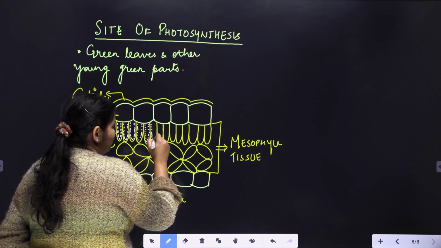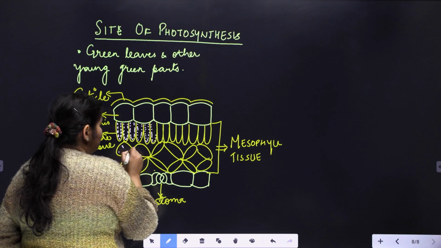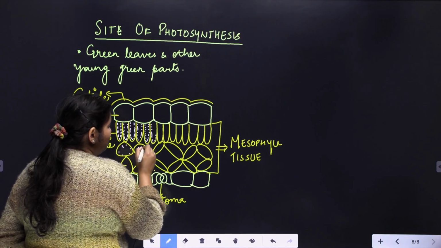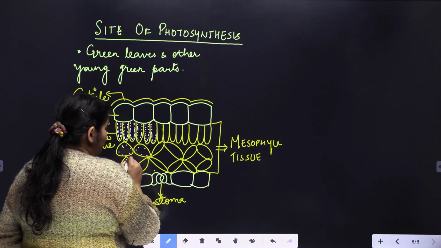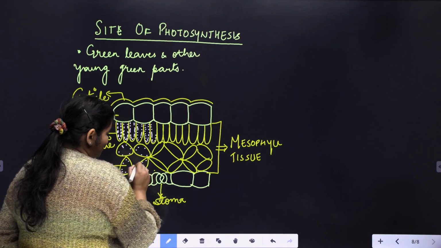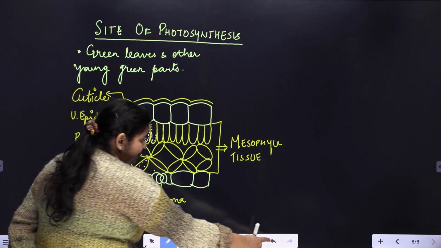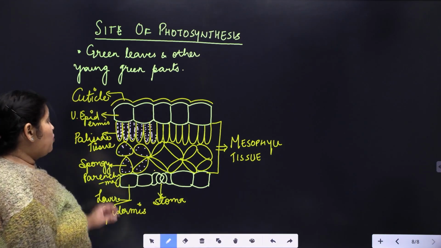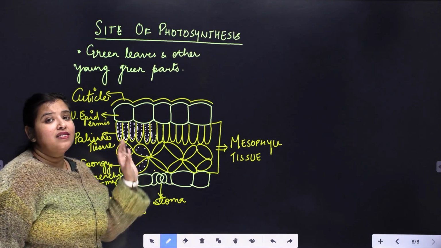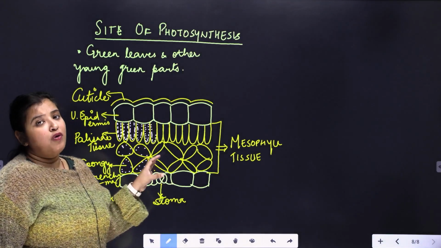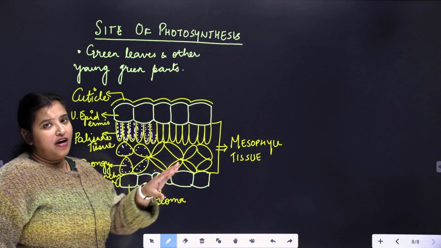All right. Some chloroplast is present here also, but maximum photosynthesis is carried out in palisade cells. Not here. All right. So palisade tissue has the chloroplast, which is responsible for trapping the solar energy.